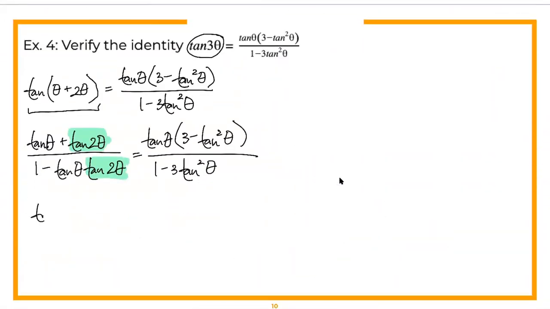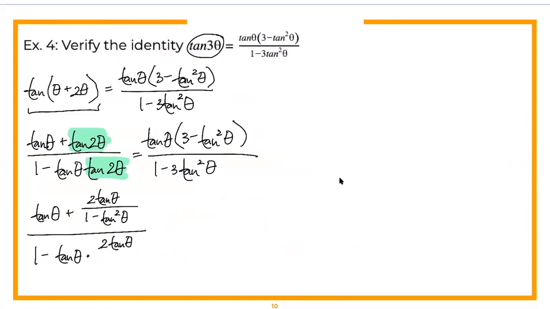So tangent theta plus 2 tangent theta over 1 minus tangent squared theta, over 1 minus tangent theta times 2 tangent theta over 1 minus tangent squared theta, equals that other side.